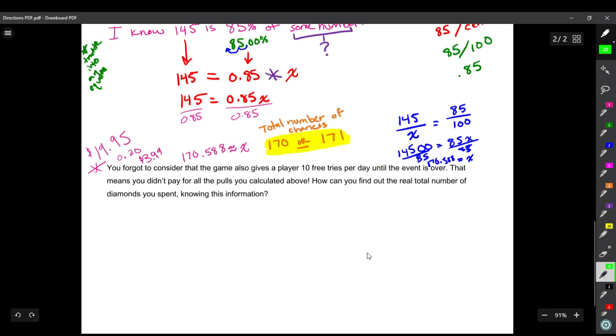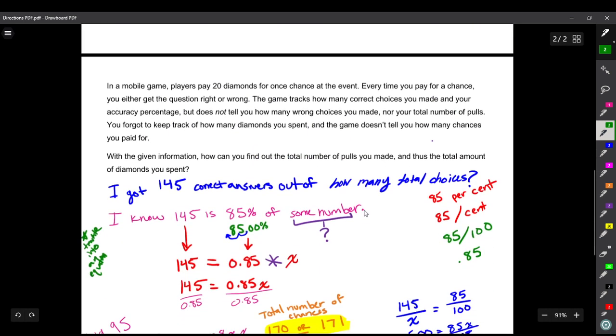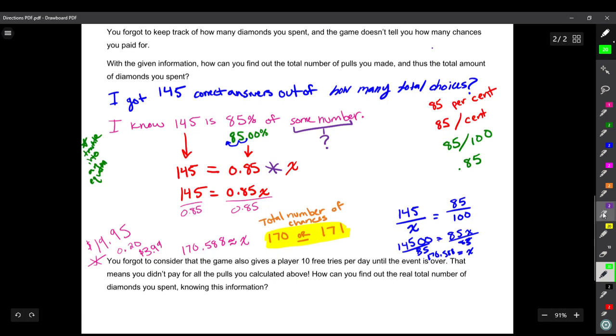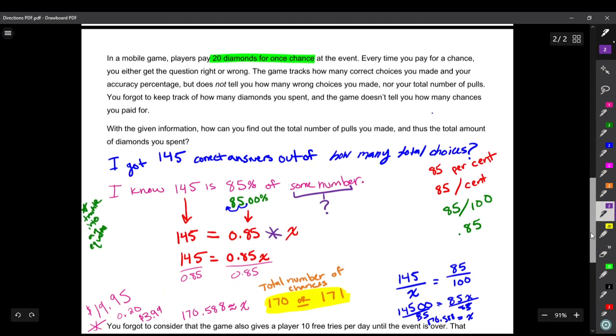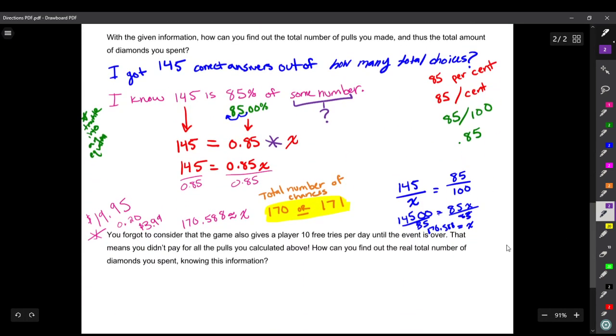We are getting there. So, from this point, we remember that each pull was 20 diamonds, right? So, I probably should just highlight that. That's a pretty important piece of the problem there. So, at the end of this, if this was the only part of the problem, which right now it is, unless you've played the game and understand there's more, you might just say, well, let us multiply 170 times 20, and that would be our total number of diamonds spent.